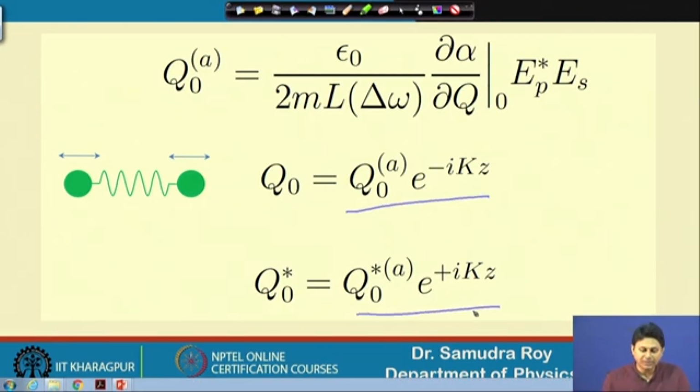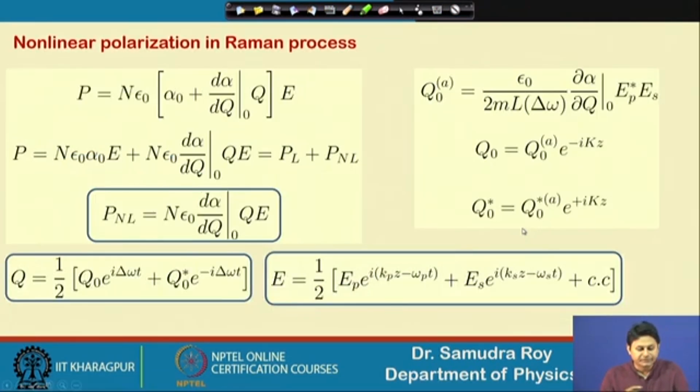So, once we have Q0 in our hand, the next thing is to find out the nonlinear polarization in Raman process. That is the ultimate goal, because nonlinear polarization is something that we need to figure out.